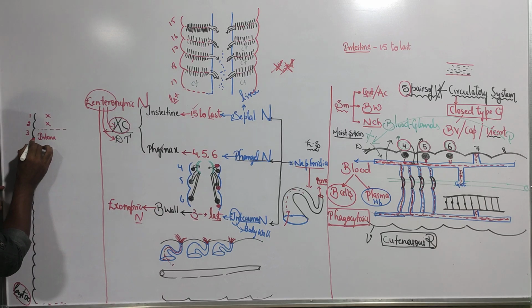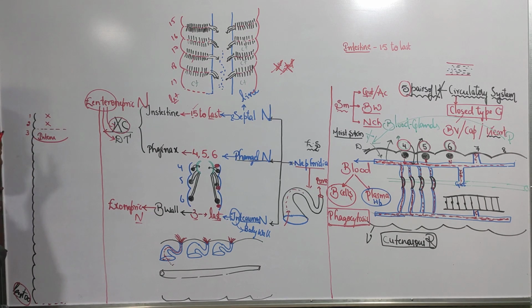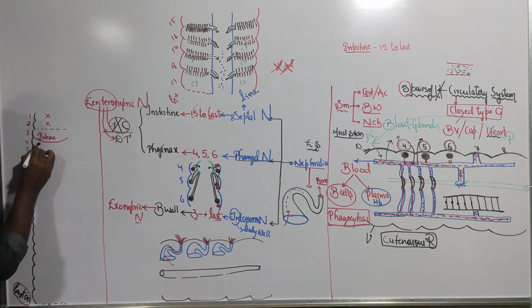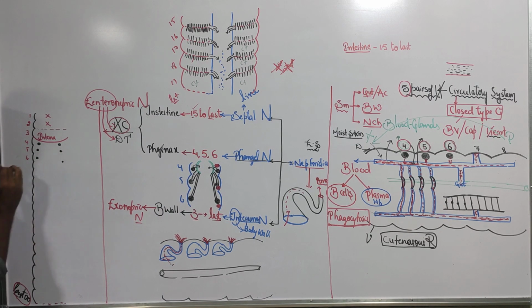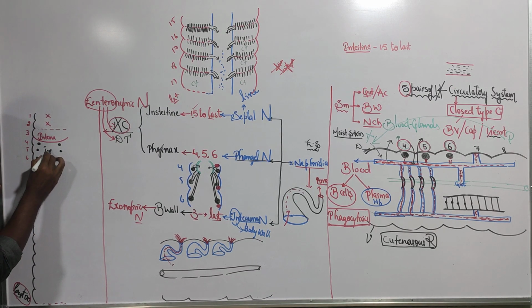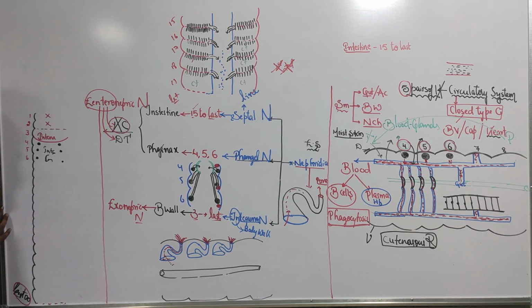So this is the third segment. Now next, the fourth, fifth, sixth segment. In the fourth, fifth and sixth segments, you will see pharyngeal nephridia. Not only pharyngeal nephridia, here integumentary nephridia is also present, because it is present from third to last.